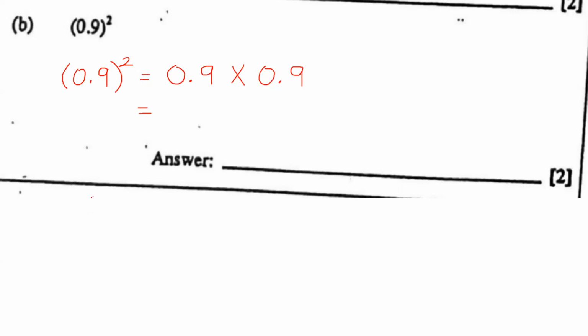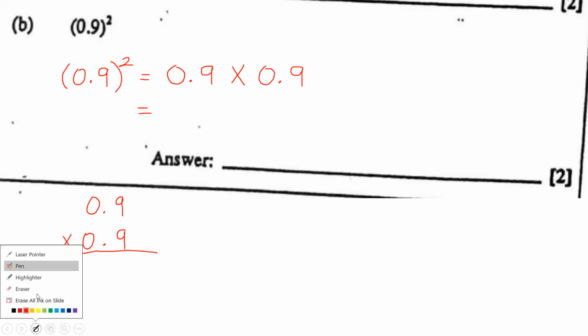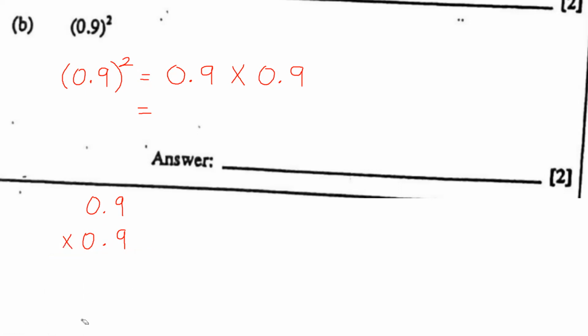So again, 0.9 multiplied by 0.9. We have to multiply carefully so we wouldn't make any mistakes. Let's consider this. What is 9 multiplied by 9?